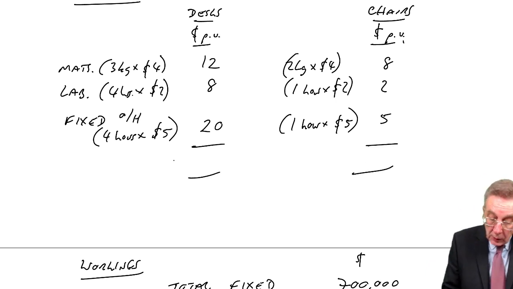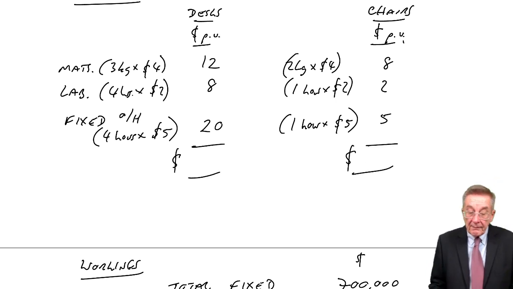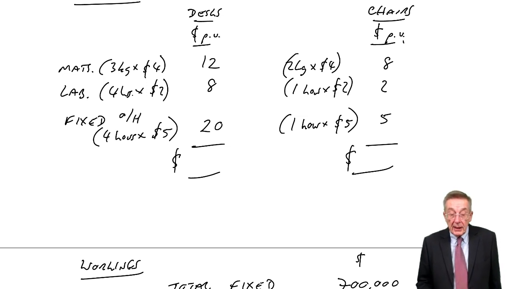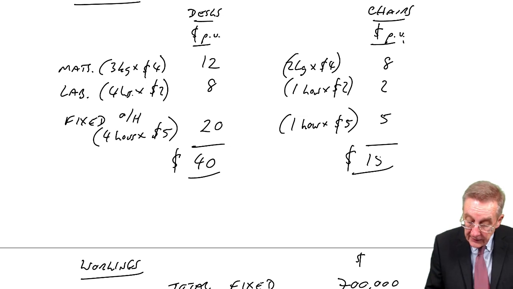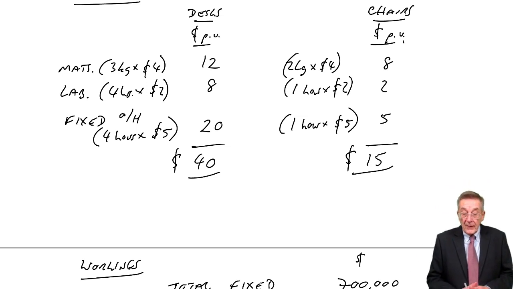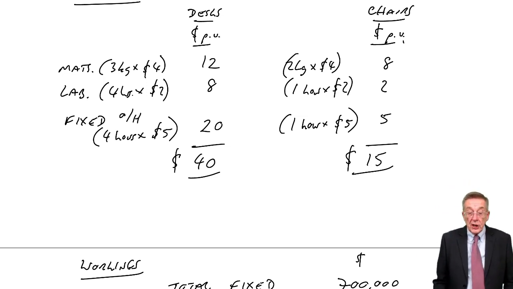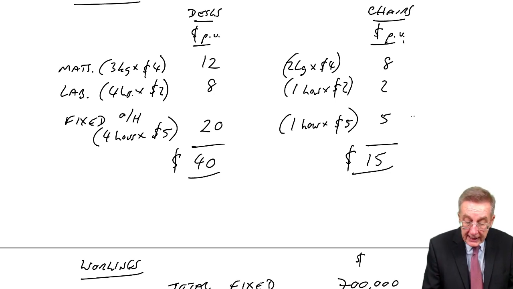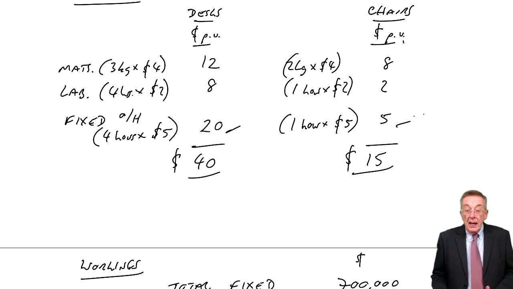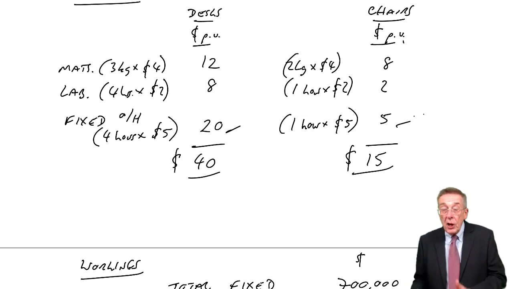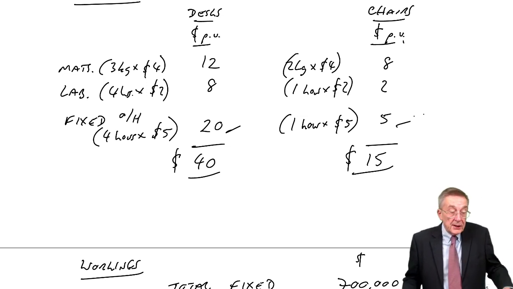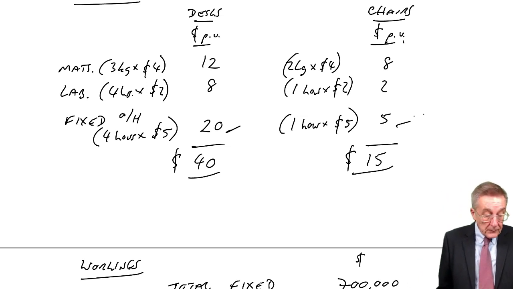As a result, the total cost of a desk, with 20, is $40, of a chair is 15. And surely that's a lot fairer than charging an equal amount to each. If desks take 4 times as long in the factory, we end up charging 4 times the cost.